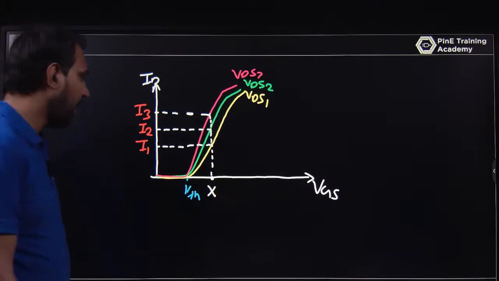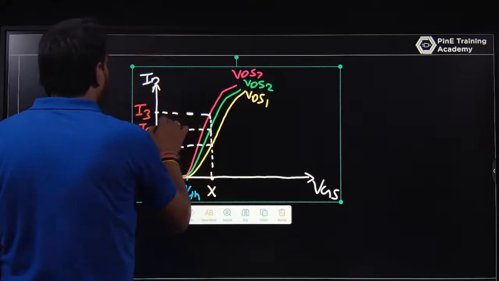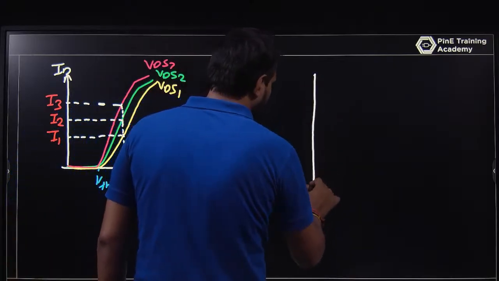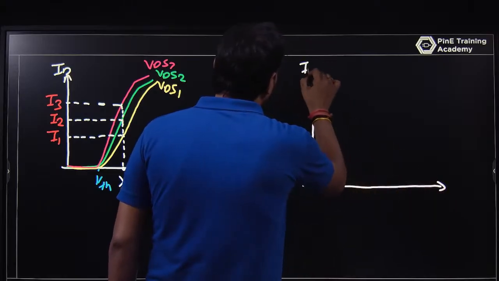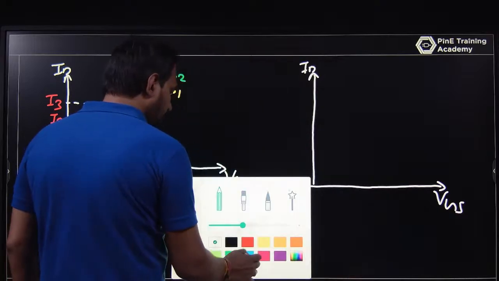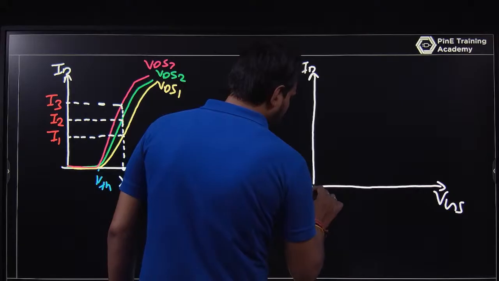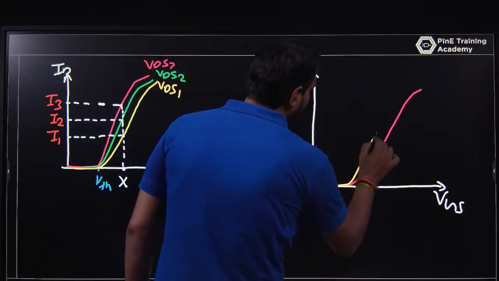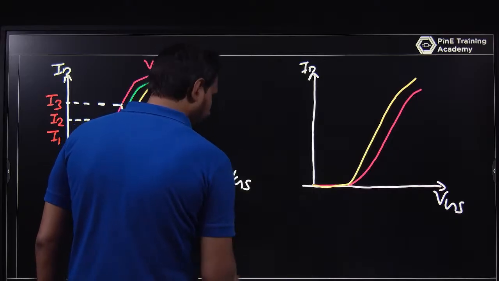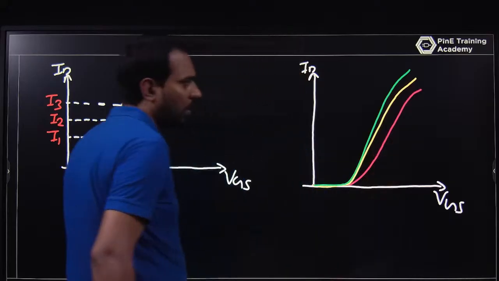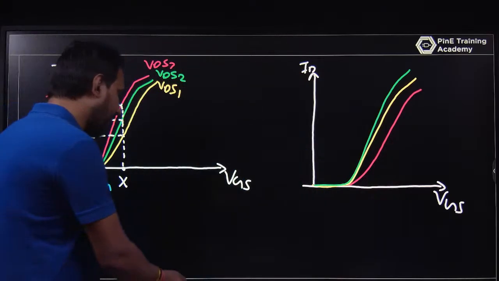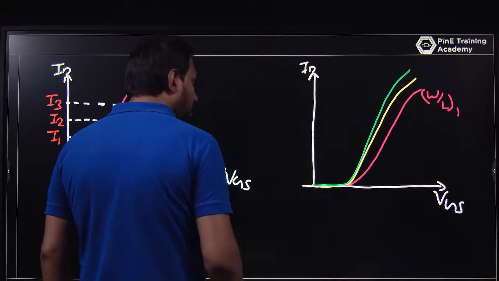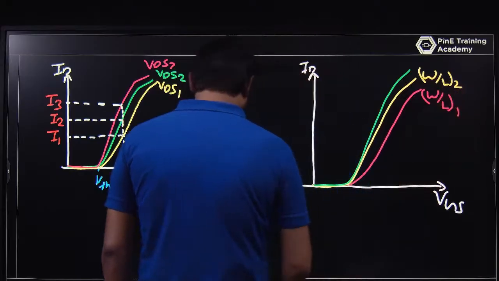Okay. Similarly, if I am talking about W by L, as per the different W by L, let this be W by L of 1, this is W by L of 2, and this is W by L of 3.